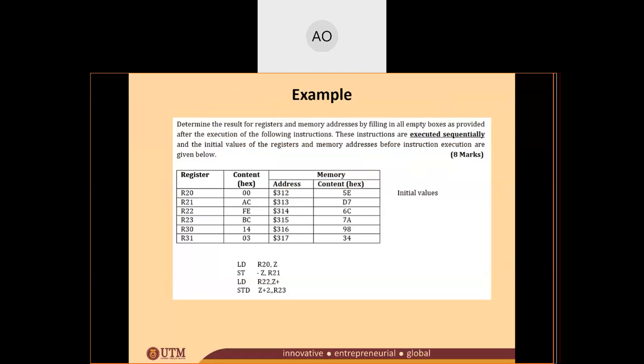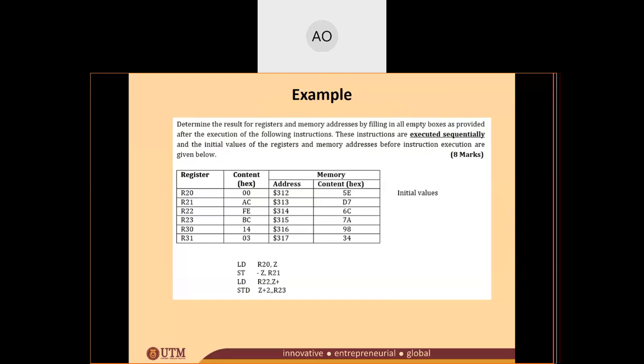Okay, let's look at this example. This is the type of question that will be asked in your final exam or test. Let's look at the question first. Determine the result for the registers and memory addresses by filling in all empty boxes as provided after the execution of the following instructions.